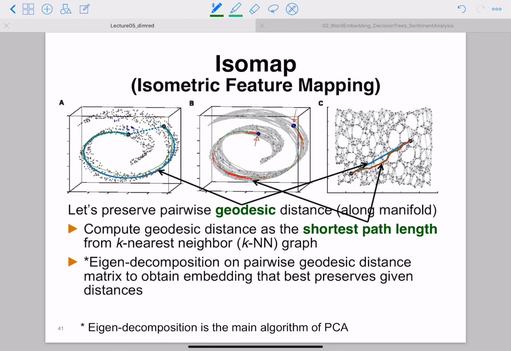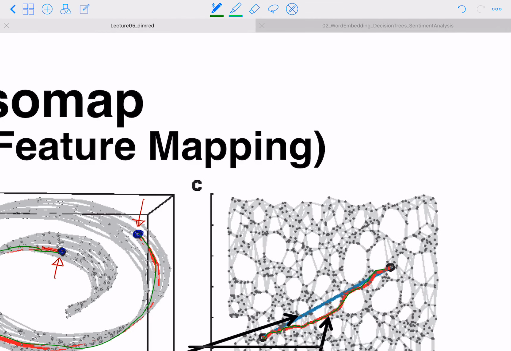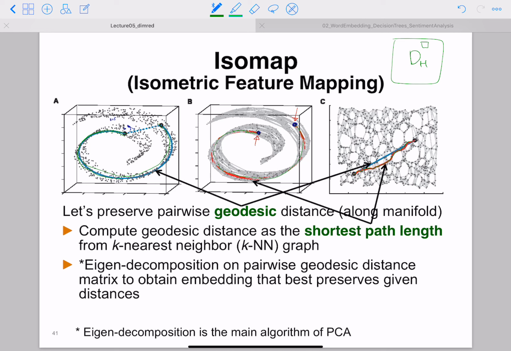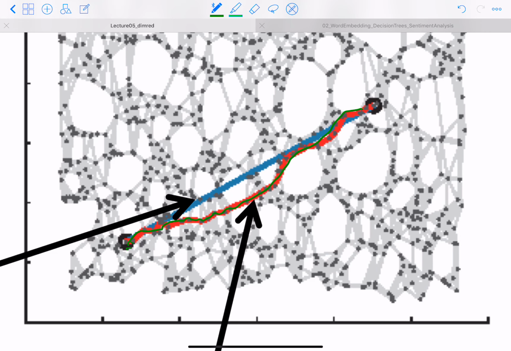Then we can form something like D_H, which is an all pairwise distance matrix, where each element is viewed as an approximate distance along the manifold. Ideally, we can think of a smooth line, like this blue line.